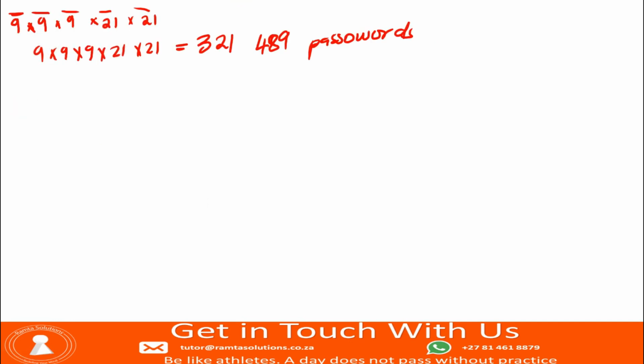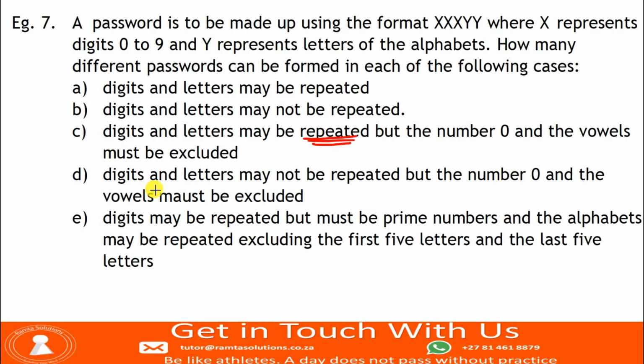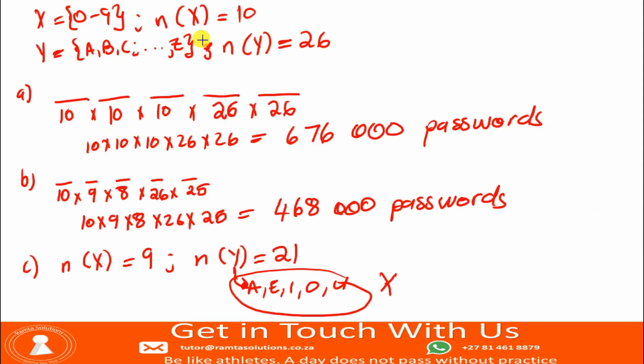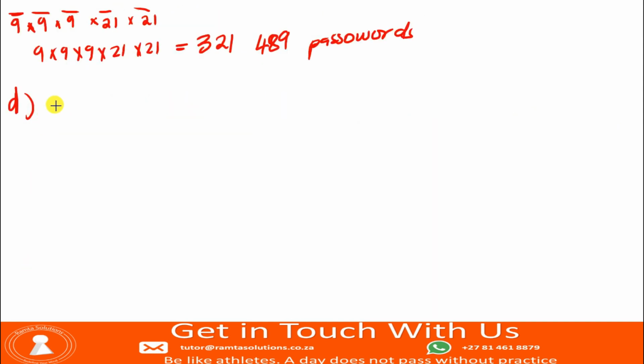Okay, now let's go to number D. Let's see what it says. It says, digits and letters may not be repeated, but the number 0 and the vowels must be excluded. Again, they are now 9 because we no longer have 0, and these are now 21 because we no longer have vowels.